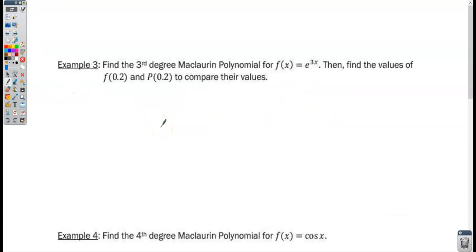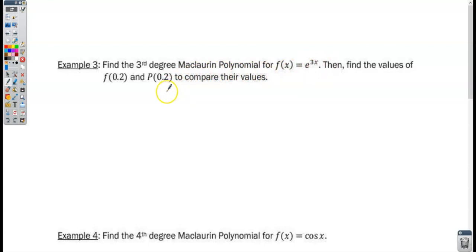All right, example 3 from our lesson. Find the third degree Maclaurin polynomial for f of x equals e to the 3x. Then find the values of f of 0.2 and p of 0.2 to compare their values. So in this case, we're looking for the Maclaurin polynomial. So that means we're looking for the Taylor polynomial at x equals 0.